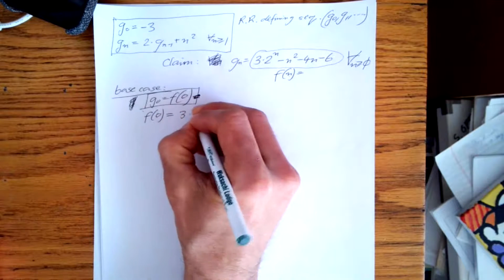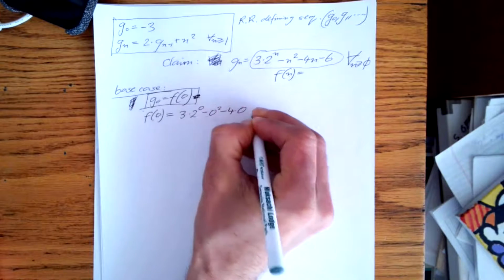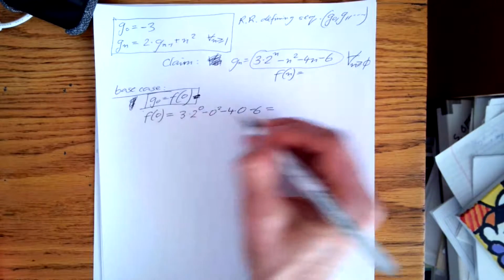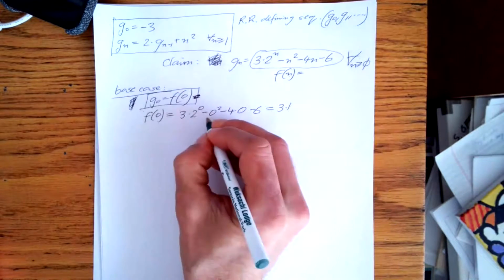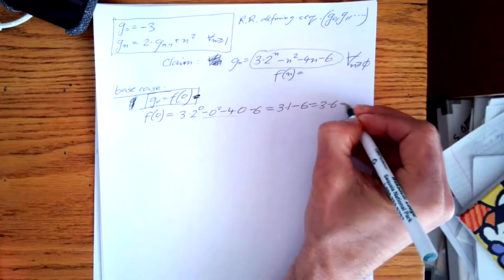It's 3 times 2 to the 0, minus 0 squared, minus 4 times 0, minus 6. 2 to the 0 is 1, so it's 3 times 1. All of this drops out, minus 6. So it's 3 minus 6, which is minus 3.